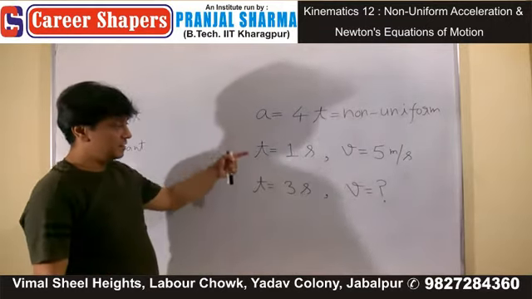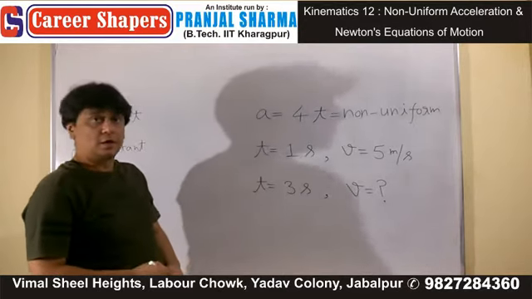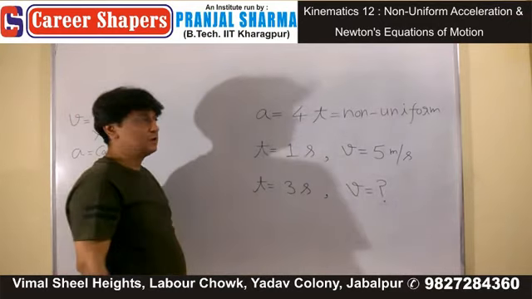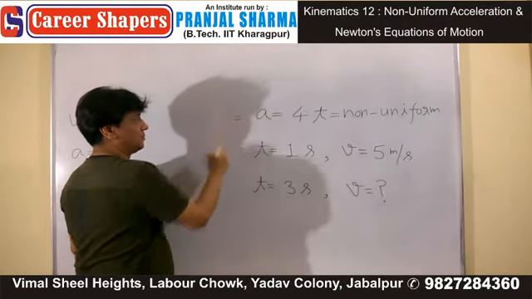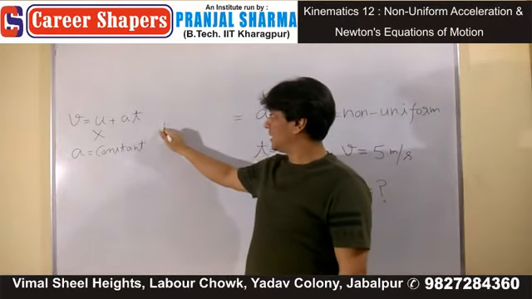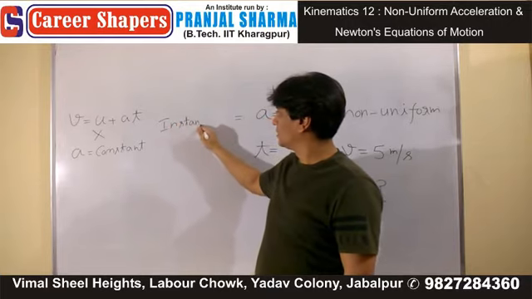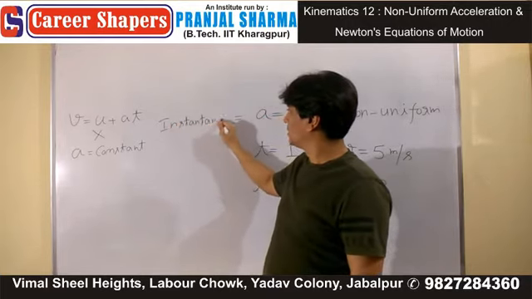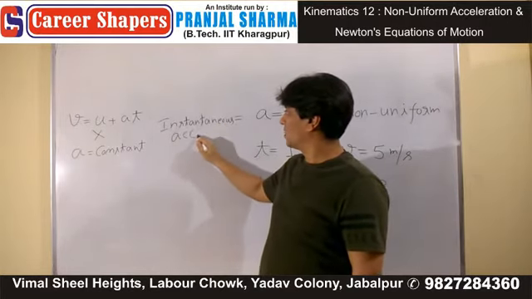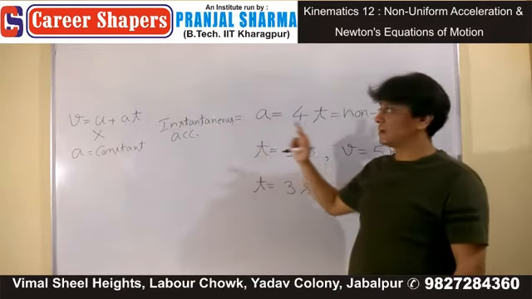Therefore, if you need to find velocity, when you write a as 4t, this will be called instantaneous acceleration, acceleration at time t.